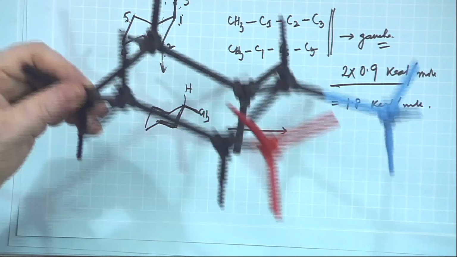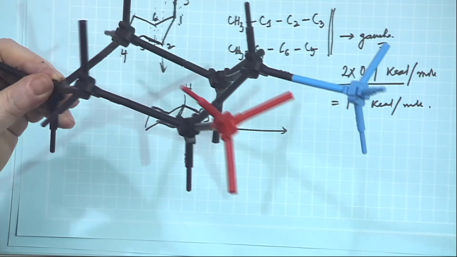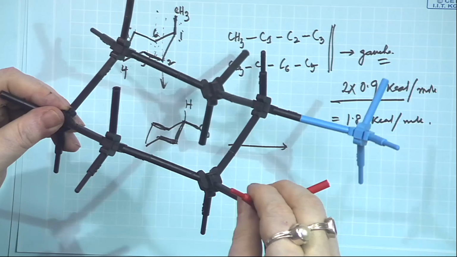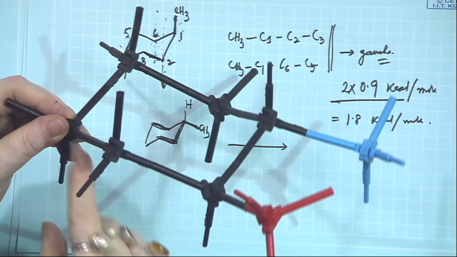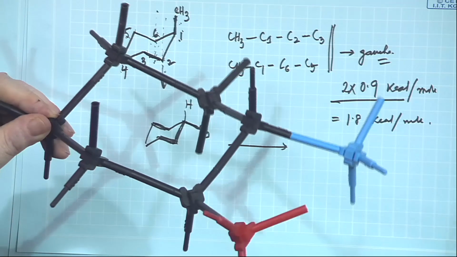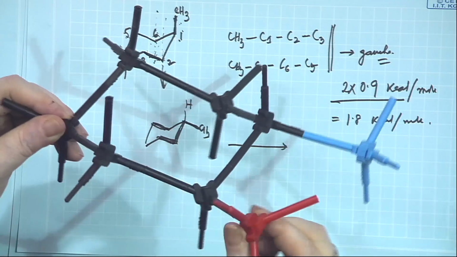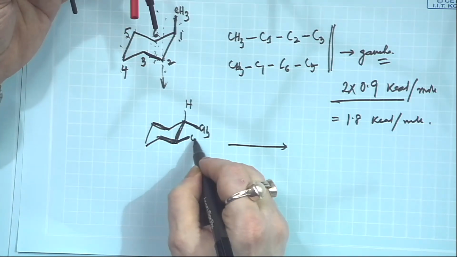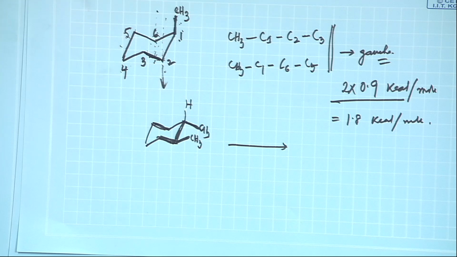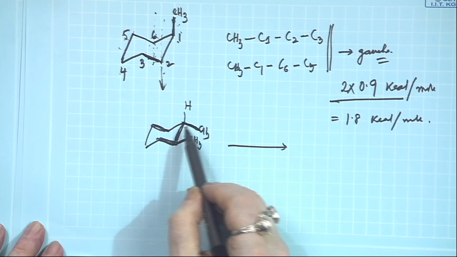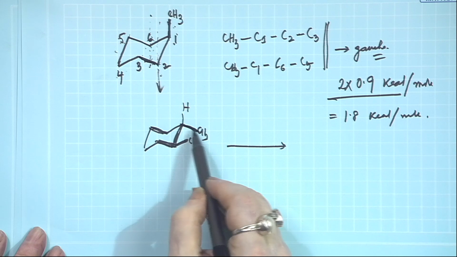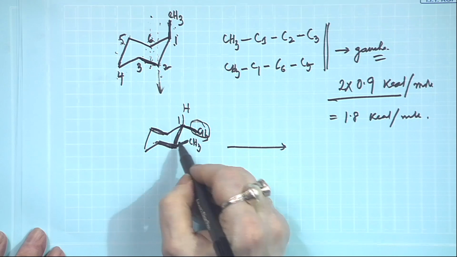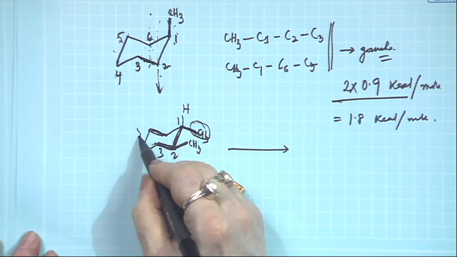Now, if I ask how many additional butane units are there, if you incorporate one carbon, that immediately causes generation of 2 butane units. I can show it here. If you have this methyl, you are creating 2 butane units for each methyl. Suppose this is 1, 2, 3, 4, 5, 6.